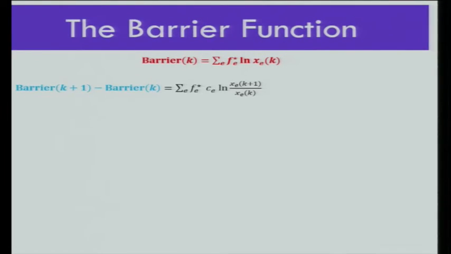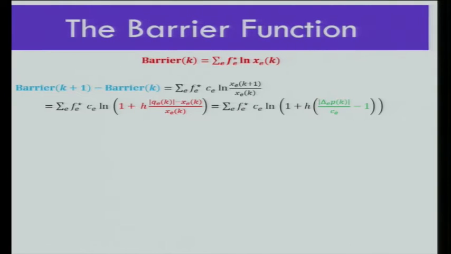So let's try to understand, and this is really the most technical slide, so bear with me. But this is more or less where the proof will end also. If I now try to understand how this barrier changes, this is an equality which just follows by the fact that log of a minus log of b is log of a by b. So it's easy.